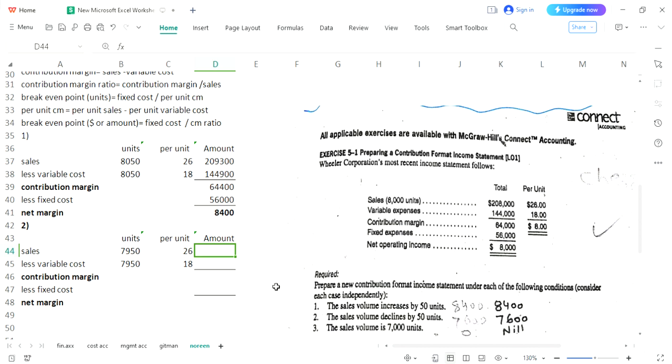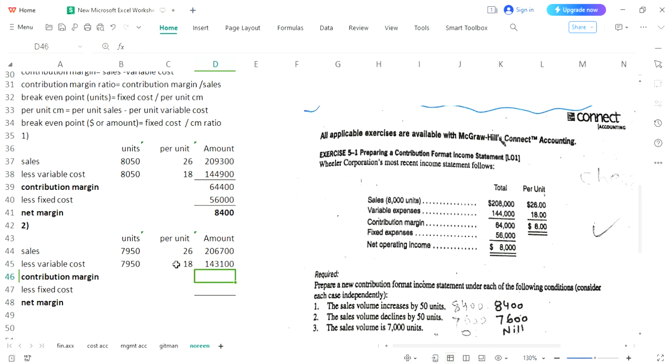For the amount, we know that you multiply your units with the per unit figure. Here we are selling 7950 units, and you multiply it with the per unit price, which is 26. There you have the amount of sales. In a similar way, you calculate your cost by multiplying units into per unit. Your units are 7950, and you multiply it with the per unit cost, which is 18. So here you have calculated your cost.